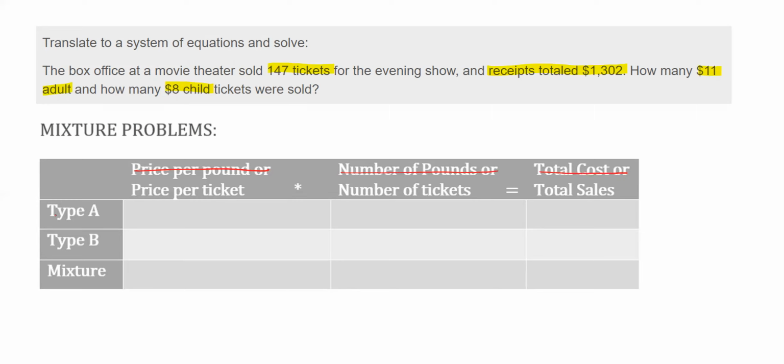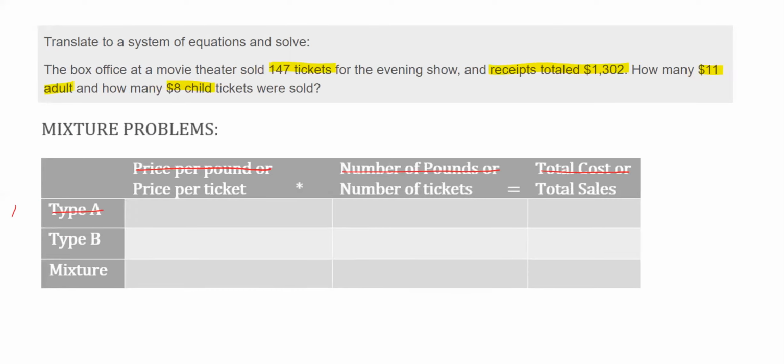We have two types, type A and type B, but now we know specifically what types we have. This will be the adult, I'll call it A. This will be the child. So we have adult tickets and child tickets. We need to find how many of each type was sold.